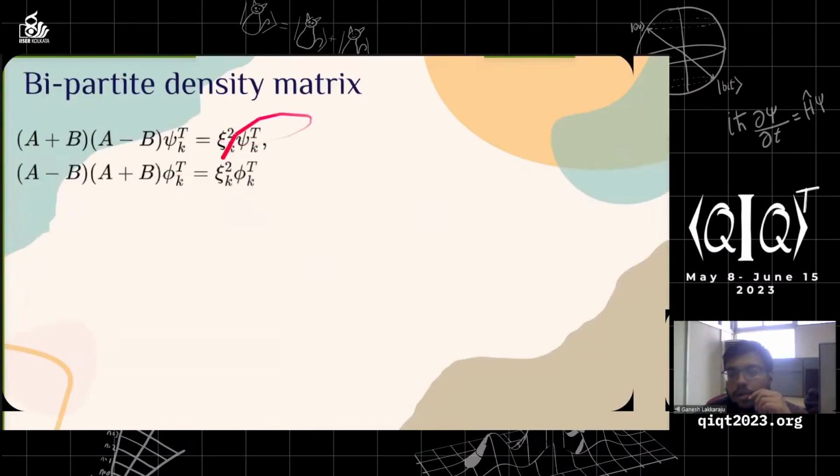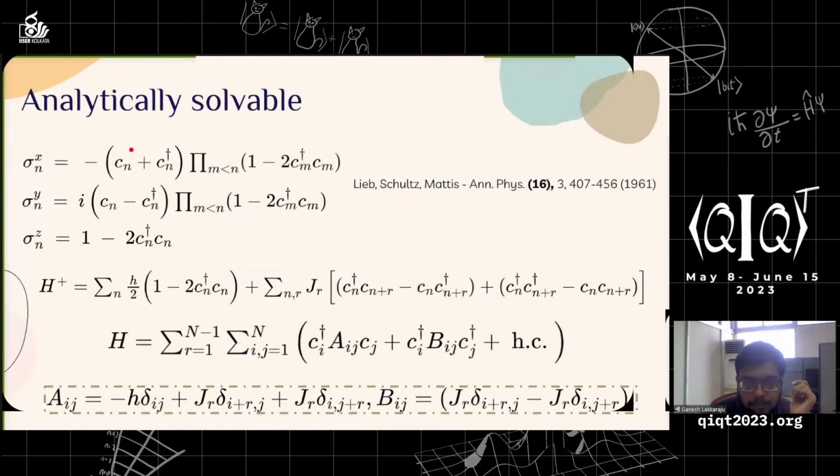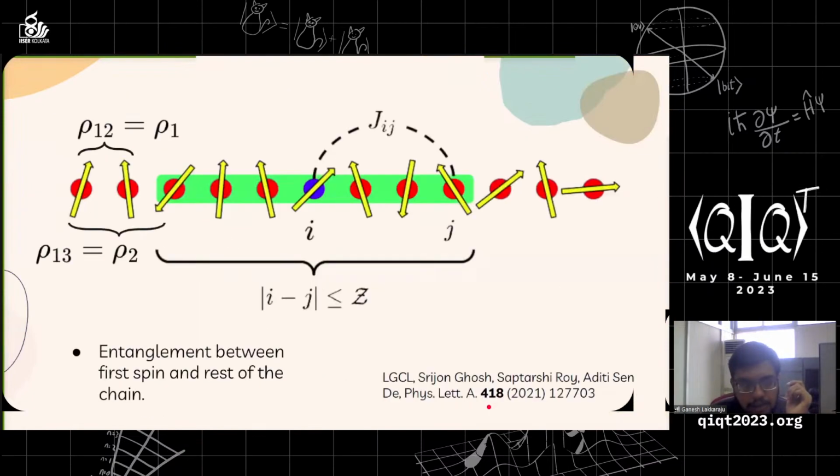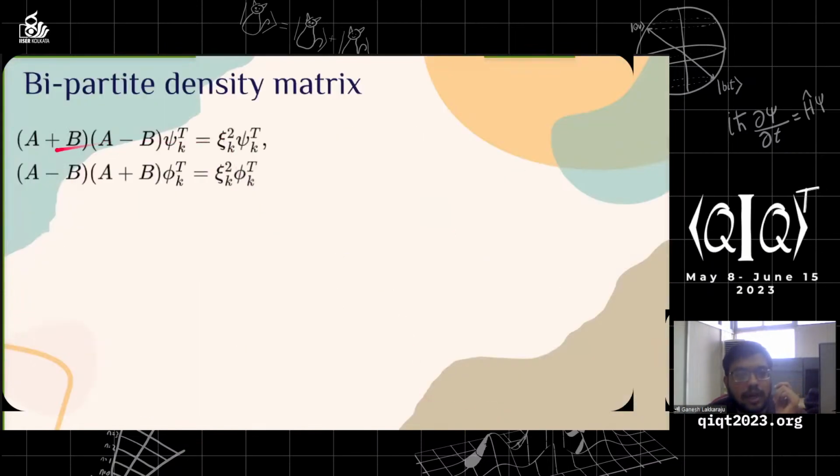So how do I calculate such entanglement? I'll not take you through the details, I'll just show the corresponding equations. The same A and B matrices which I have just shown can be used to get the corresponding ground state using this trick. If I solve the corresponding A plus B and A minus B, I'll get the psi t and phi t.